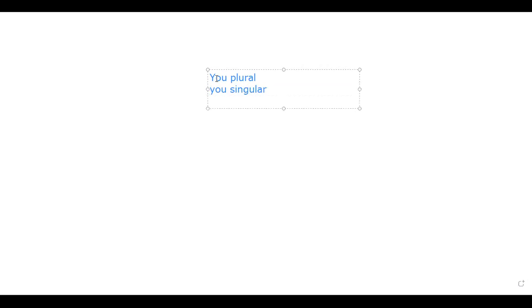But for both of them, you're always going to use the verb in plural. For example, I'm going to write two sentences. One is going to be in singular and one is going to be in plural. I'm going to say, you are very intelligent.